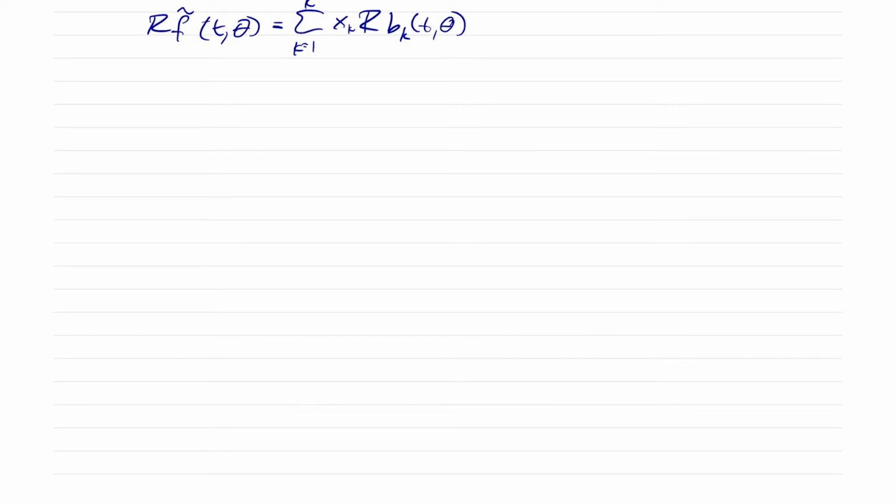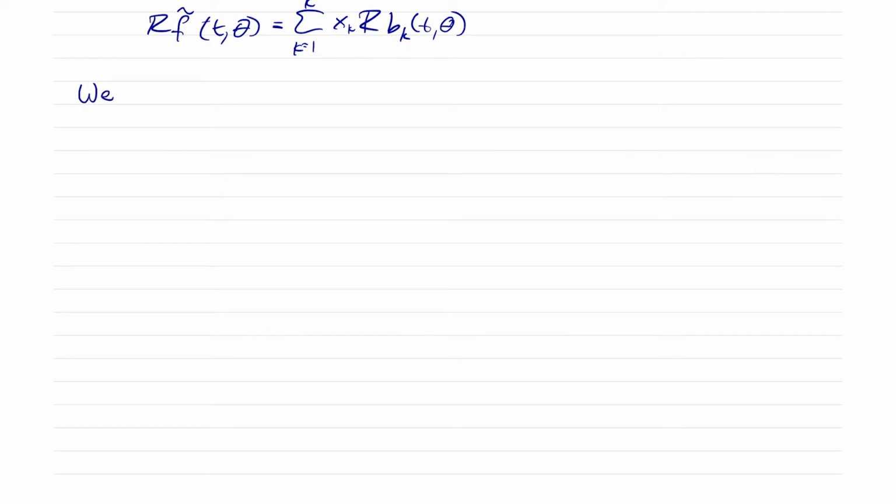So we know we only have a finite number of t's and only a finite number of thetas, just like we were talking about with the discrete reconstruction.